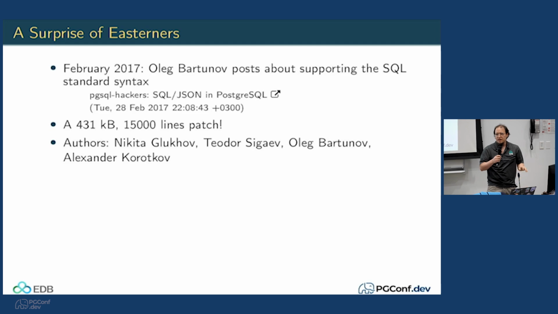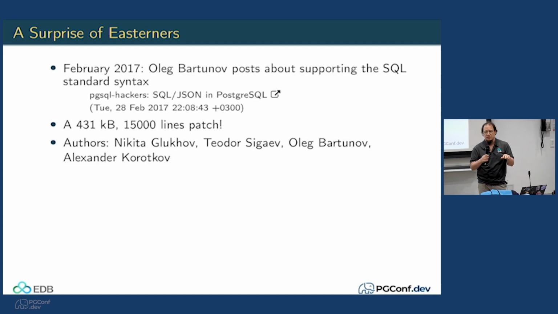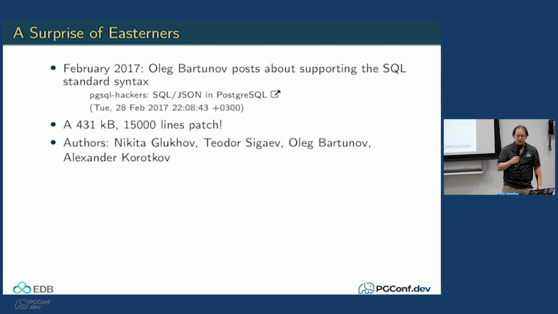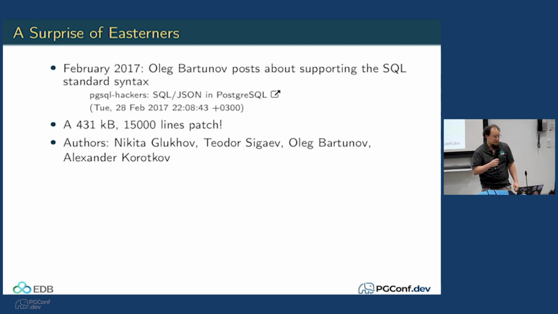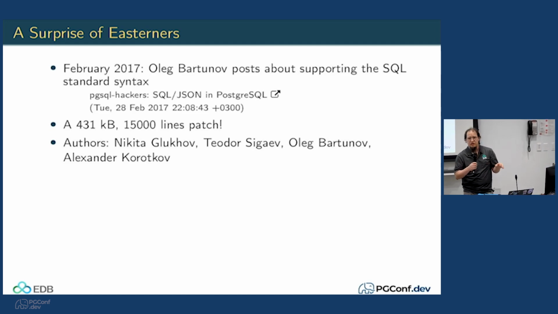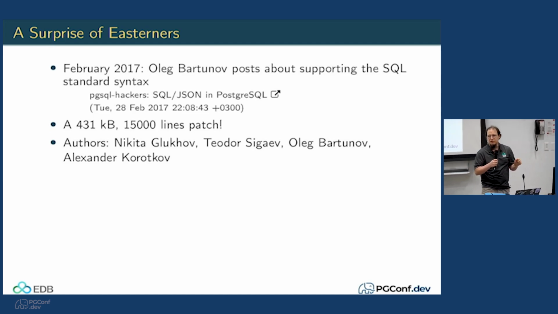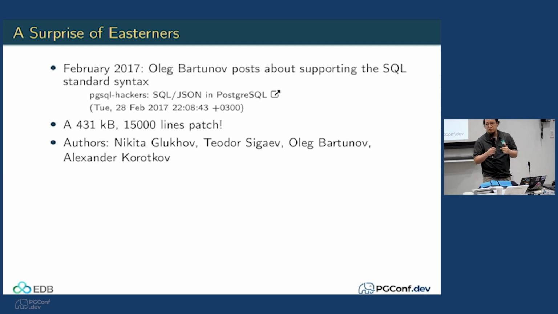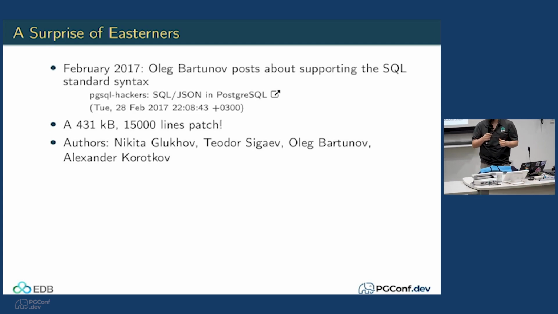By the time this was posted, I had no idea that the SQL standard had a thing called SQL JSON. And I bet that many other PostgreSQL developers didn't know either. But apparently, the standard had just been released the year before, like December or November 2016. And the patch was posted in February 17. So it was really pretty new.